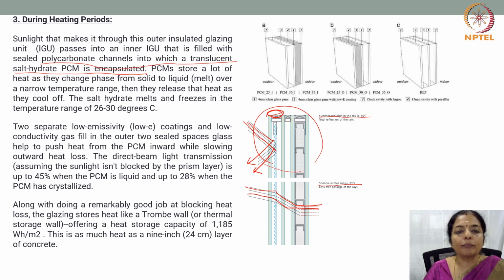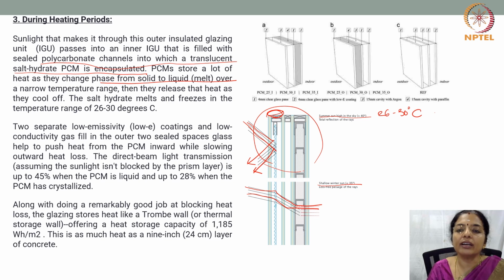And then the PCM store a lot of heat as they change from solid to liquid. So as they change their state because of absorption, they release that heat as they cool off. The salt hydrate melts and freezes in the temperature range of 26 to 30 degrees centigrade.